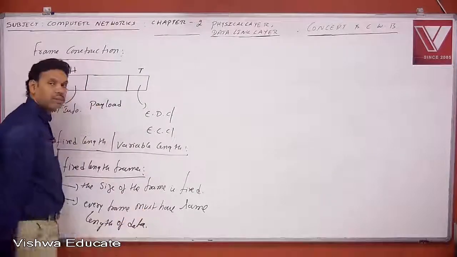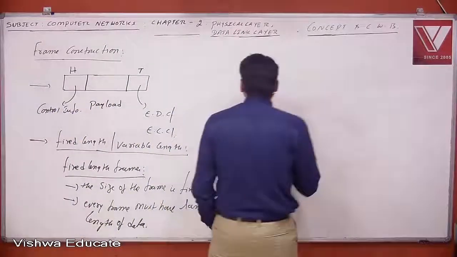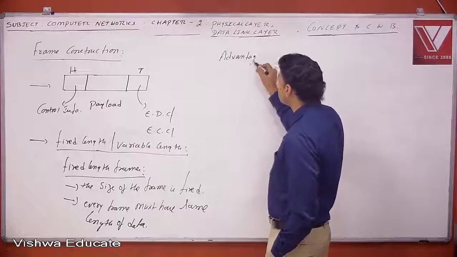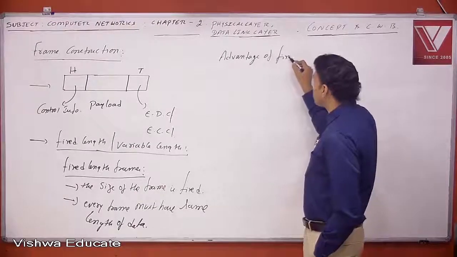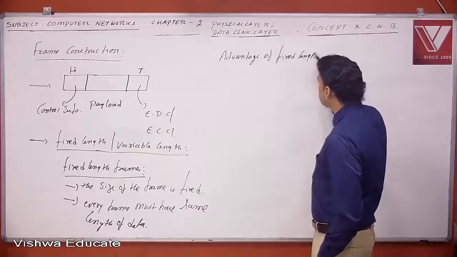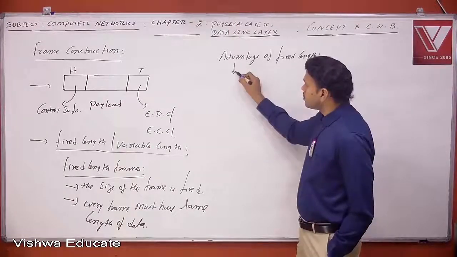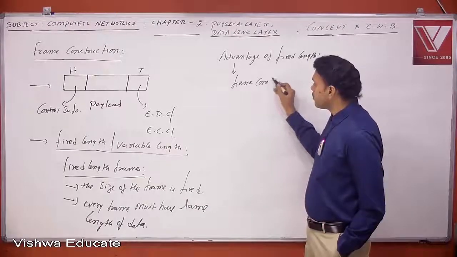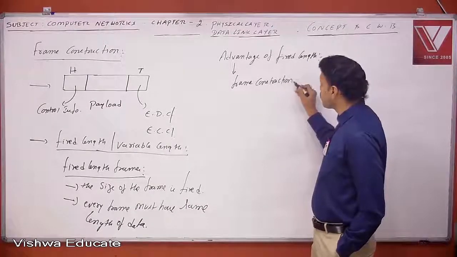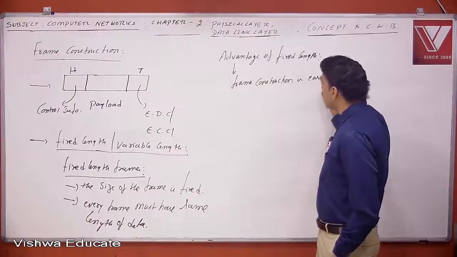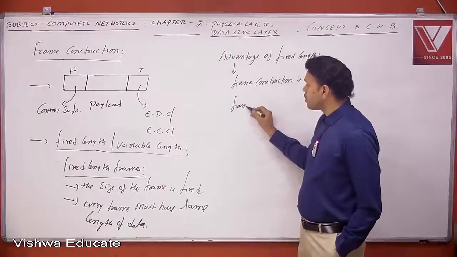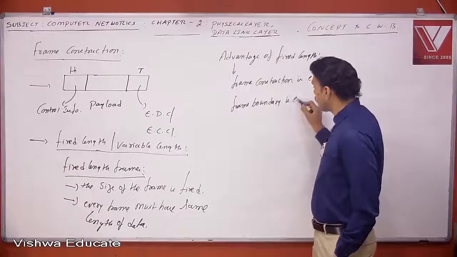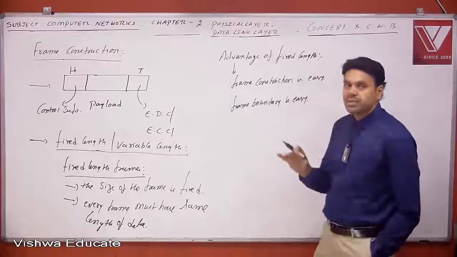This is the point. So what is the advantage of fixed length? The advantage is that frame construction is easy, and one more advantage is that the frame boundary is easy, because we know the length of the frame.